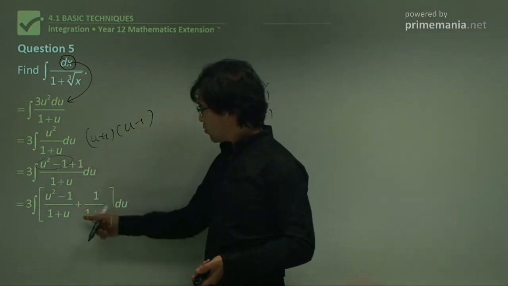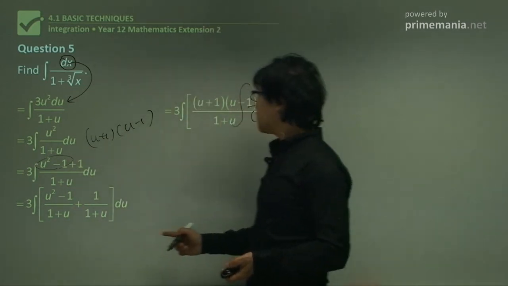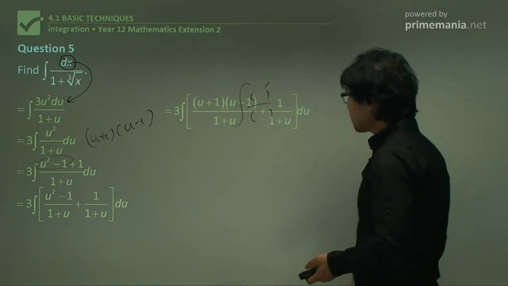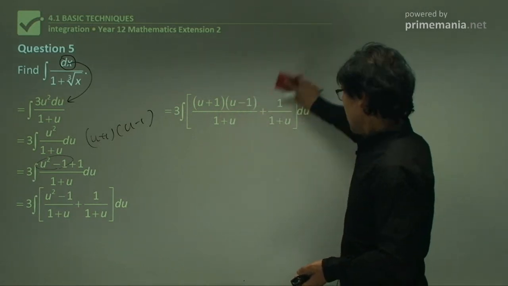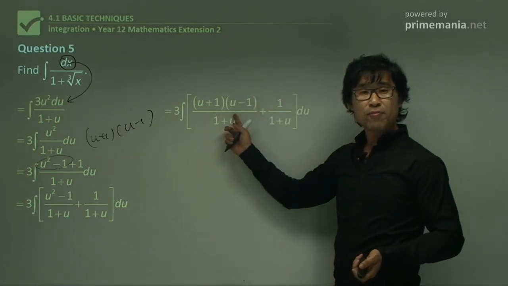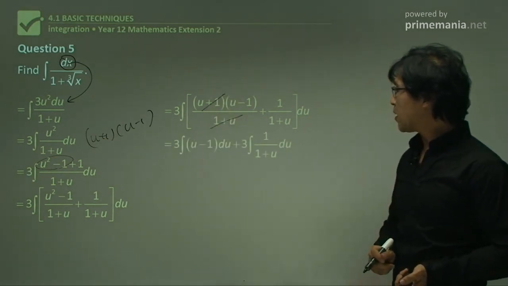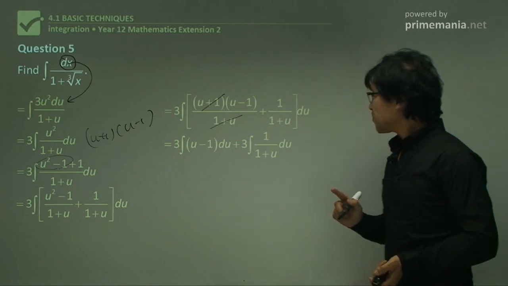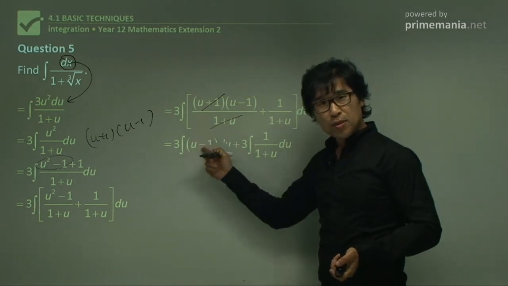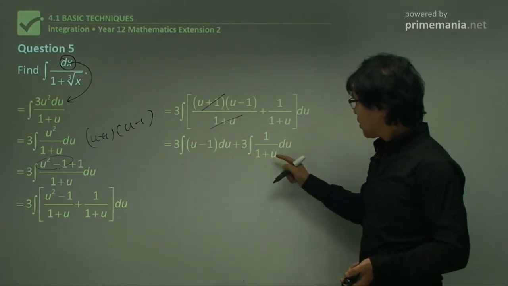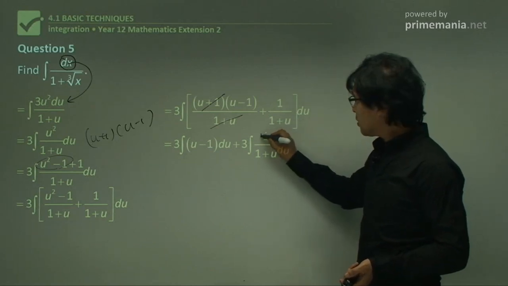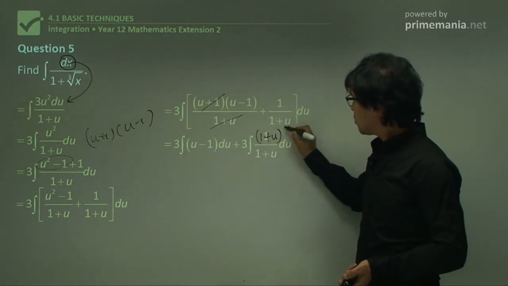I separate these two fractions and factorize them like this. This is what you have to forecast. Cancel them. So what's left over here? Now this is too easy to integrate. This one can be rewritten with 1 plus u in the denominator.